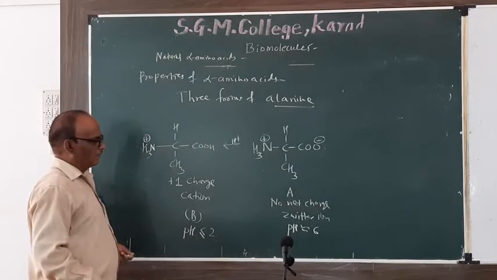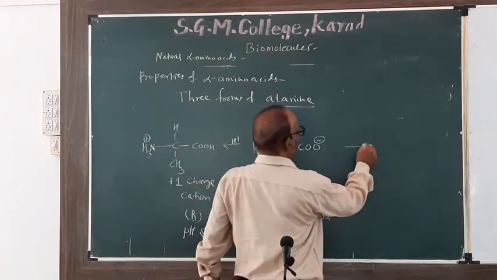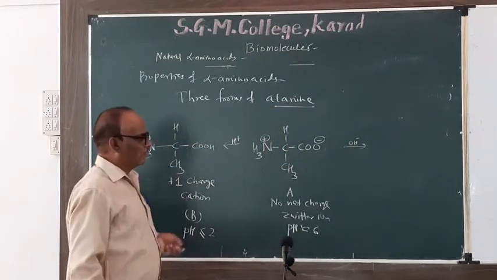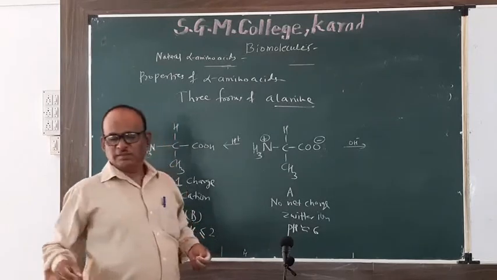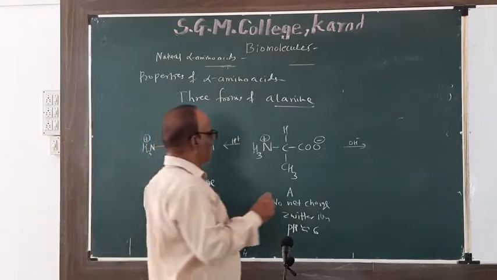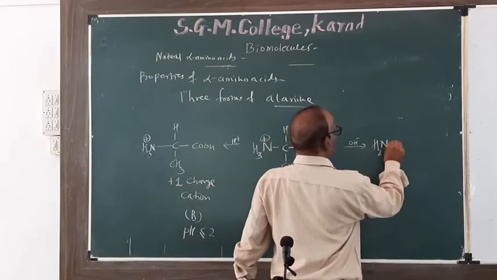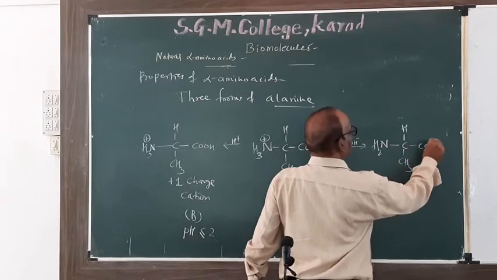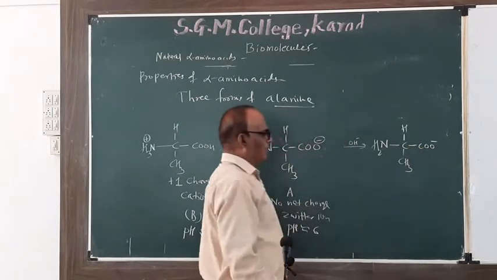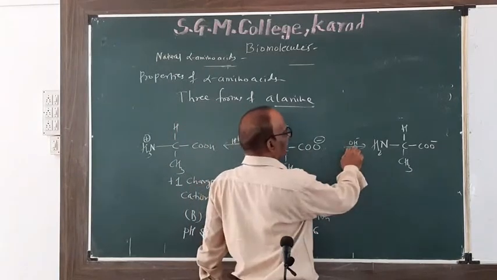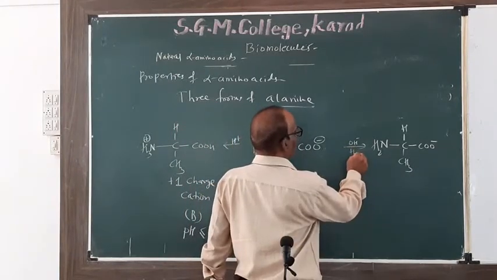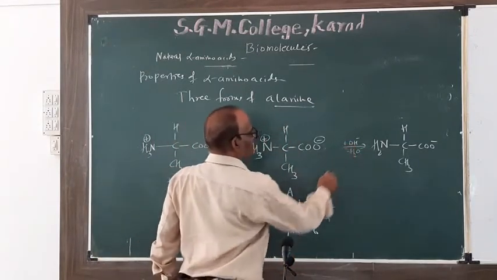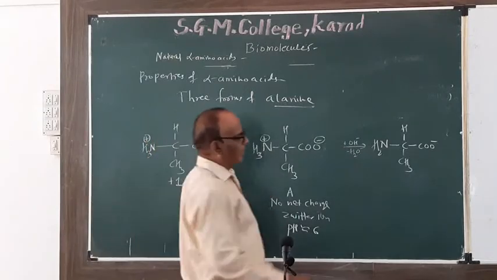This is the second structure. Then we also draw the third structure, by reaction with OH minus ions or alkali. The alkali contains OH minus ions. So here the structure is NH2, CH, CH3, COO minus. The hydrogen from the COOH group is accepted by the OH minus, and there is formation of an H2O molecule, a removal of H2O, and the negative ion is formed.